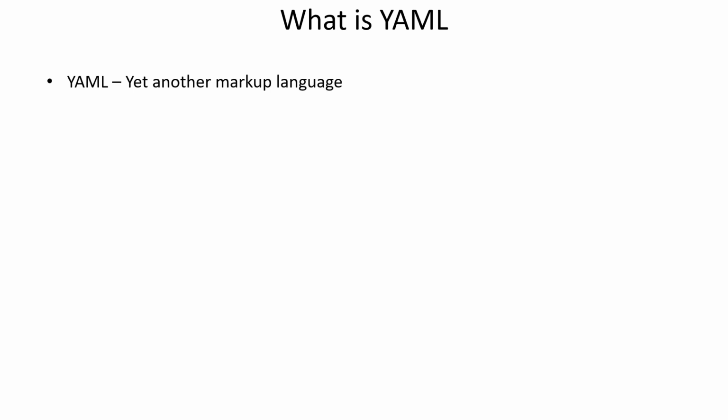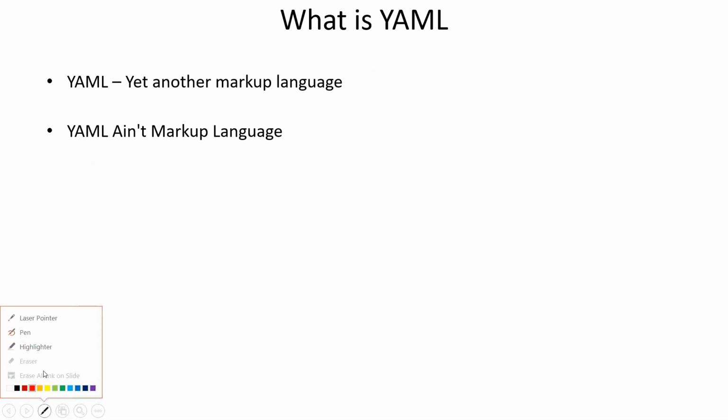Some people term it as another markup language, whereas some call it YAML ain't a markup language. If you look at the official documentation, YAML is not a markup language. That is the acronym for YAML: YAML ain't a markup language.